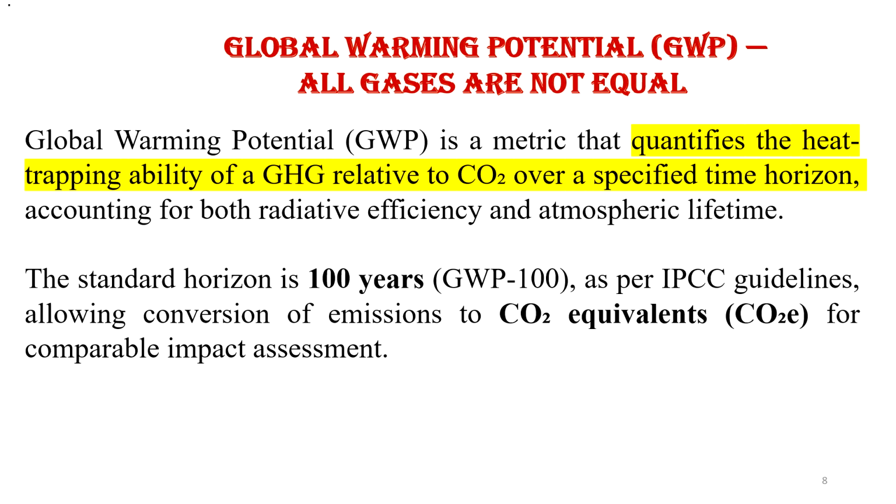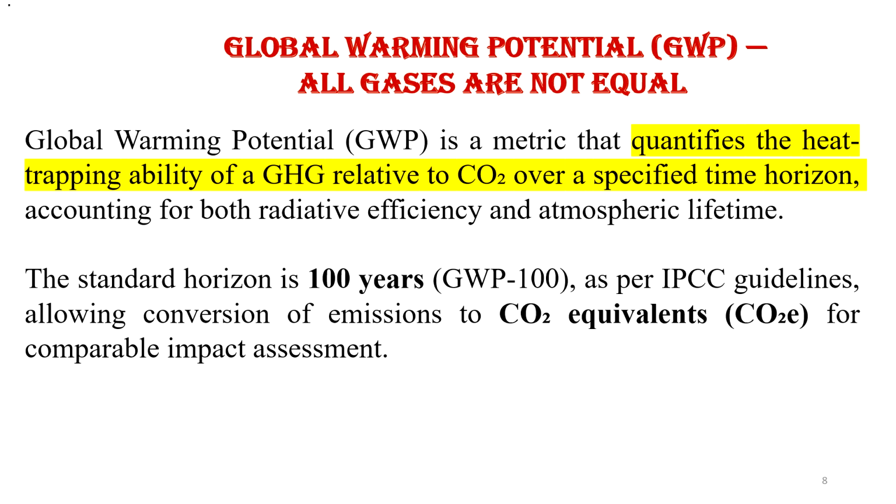To compare the gases and the impact of each gas on the environment, scientists use a quantitative framework, a measurement scale known as GWP, global warming potential. So let's see what global warming potential is.